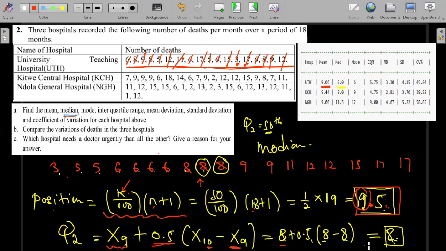And then in the brackets, I have the value at the 10th position minus the value at the ninth position. So here it happens that the value at the 10th position is also what? 8. So here inside the brackets, I'm doing 8 minus 8. So that is 0. 0.5 multiplied by 0 is 0. And then 8 plus 0 is still giving me 8 there. So that's how we found the median there.